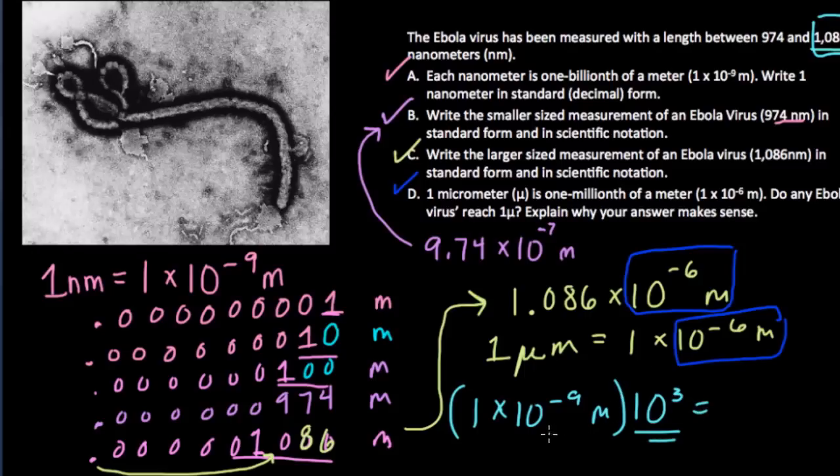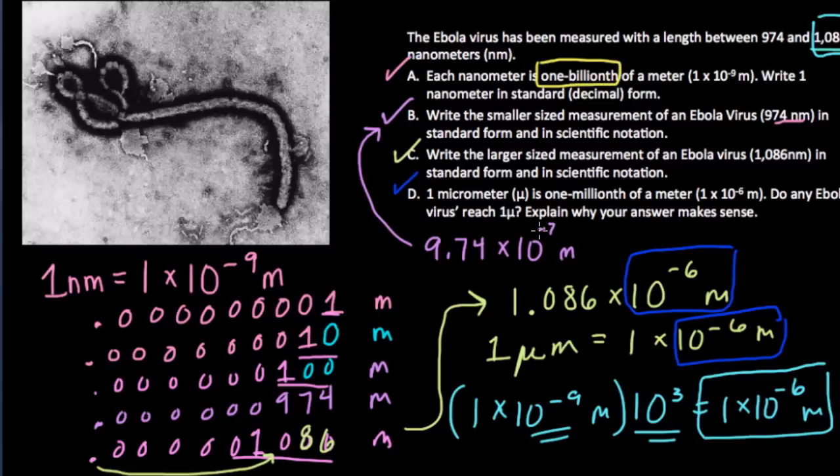Well, if I multiply 10 to the 3rd by 10 to the negative 9th, I get 10 to the negative 6th. Laws of exponents right there. So every 1,000 nanometers you have 1 micrometer. And that makes sense. Look at the names of nanometers. They're 1/1,000,000,000th. And micrometers 1/1,000,000th. If you have 1,000 1/1,000,000,000ths, that makes 1/1,000,000th.